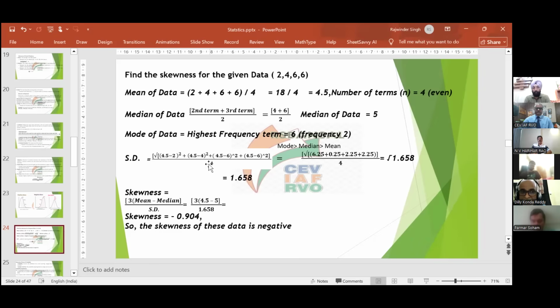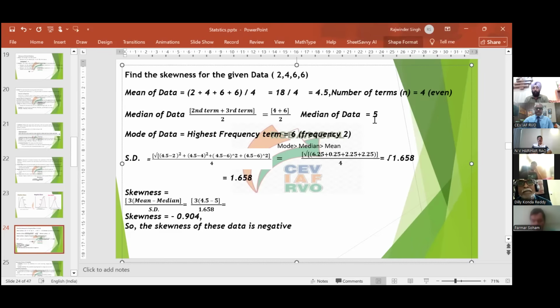Square them, add them, divide by the number of terms, and take its square root. That will give you the standard deviation, which comes out to be 1.658.